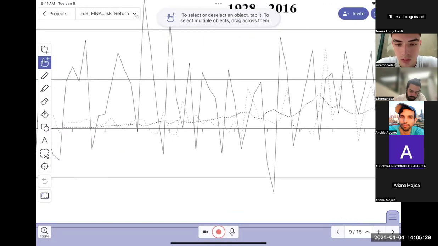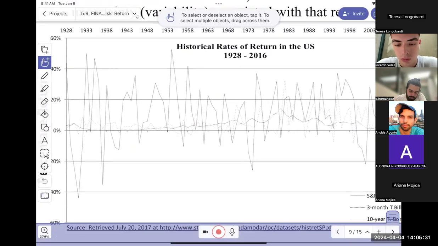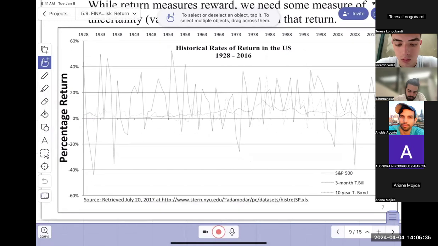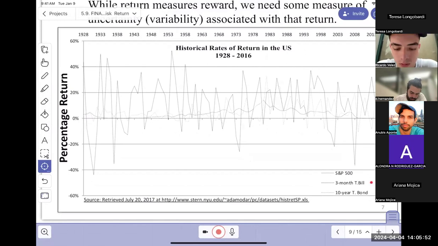Both bonds are guaranteed. They have a guaranteed return, but they're subject to other factors in terms of their uncertainty in return. So this is tracking the market valuation.